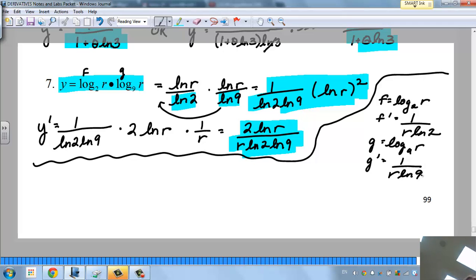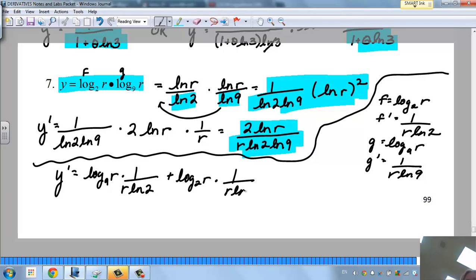Okay, so I've got to do my derivative. So I'm going to come over here and say y prime is f prime g, so I'm going to do log base 9 of r times 1 over r natural log of 2, f prime g, okay, plus f g prime, so I got log base 2 of r times 1 over r natural log of 9.